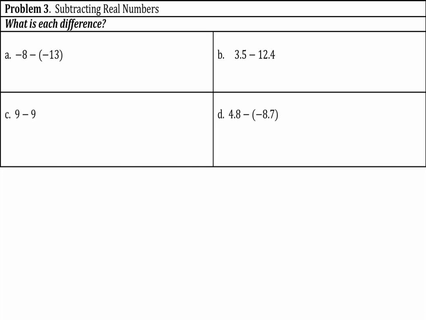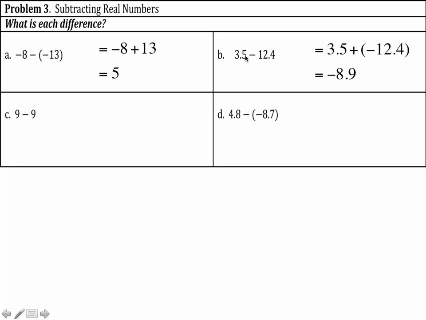A little bit of subtraction work. Negative 8 minus negative 13 would be negative 8 plus the opposite of that, which would be positive 13. Now they have different signs, so I would subtract their values. I get 5. The bigger one is 13, so I would keep it as a positive 5.